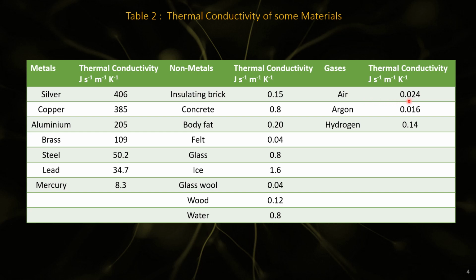You see the fraction, a decimal. Similarly, argon has a thermal conductivity of 0.016 and hydrogen has comparatively 0.14. Please note down this table and the difference between metals, non-metals and gases and their thermal conductivity.